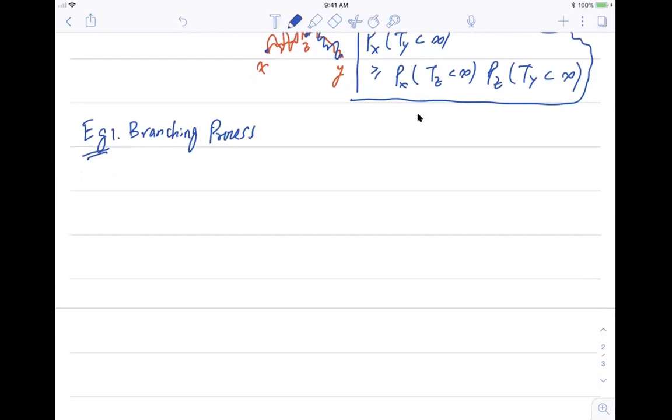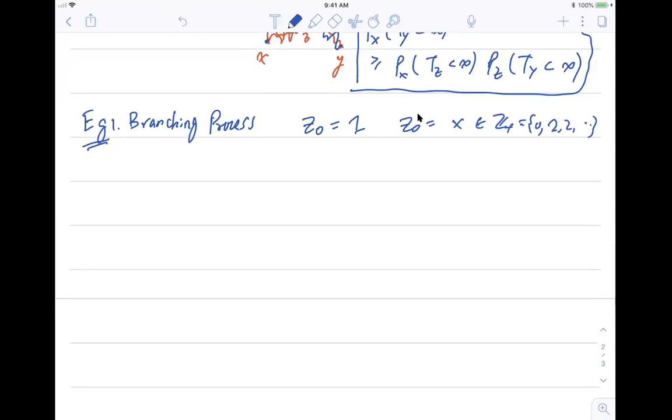Classically we treat the starting state to be one, but here we can treat Z_0 as a general integer, so it might not be one. So you have several individuals in generation zero.